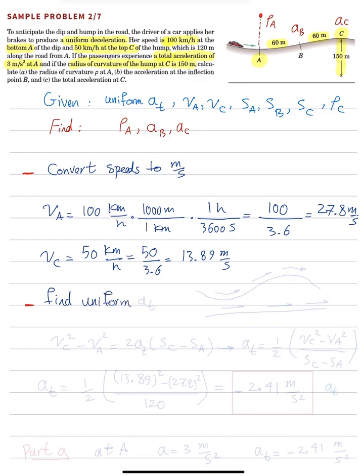And why is that? Because in this curvilinear motion, you have AN and AT. But if you're only looking at the AT, if you're only looking at the motion along the trajectory, tangential to the trajectory, then you can treat it as a rectilinear motion, right?